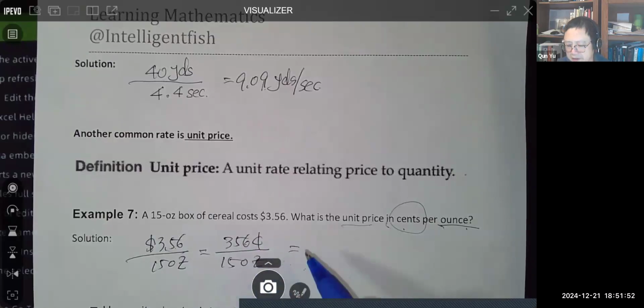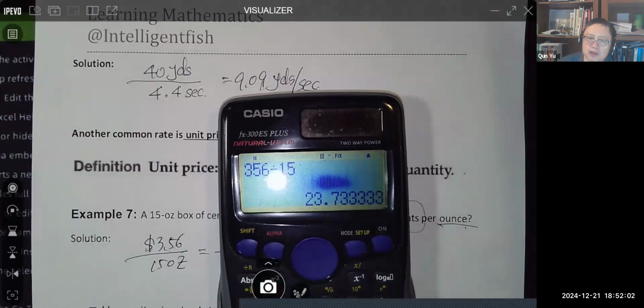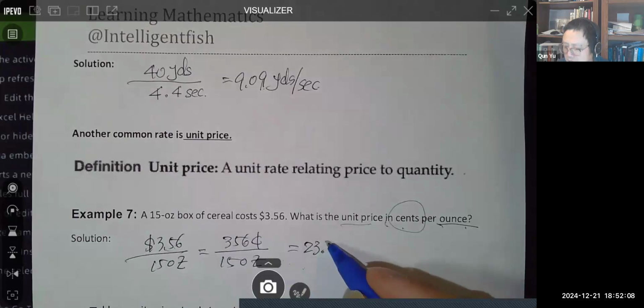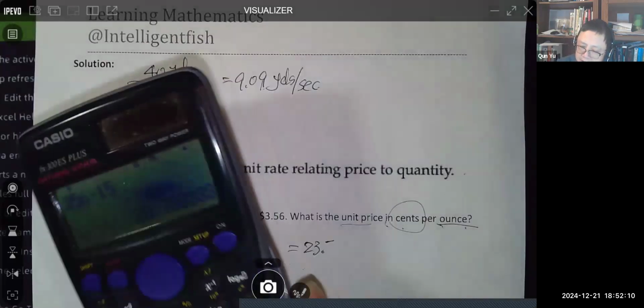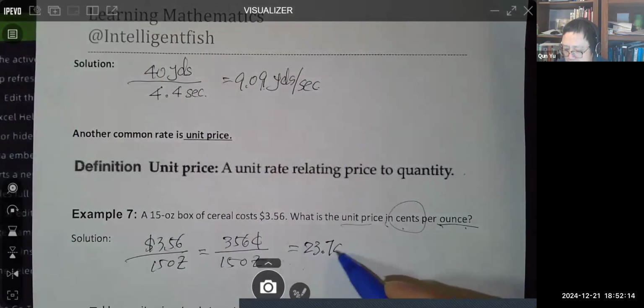Now we do the division to get the unit price per ounce. So 356 divided by 15, 23.7. If we take 1 decimal digit, usually if you look at the price in stores, they have 1 decimal digit, 23.7 cents per ounce.